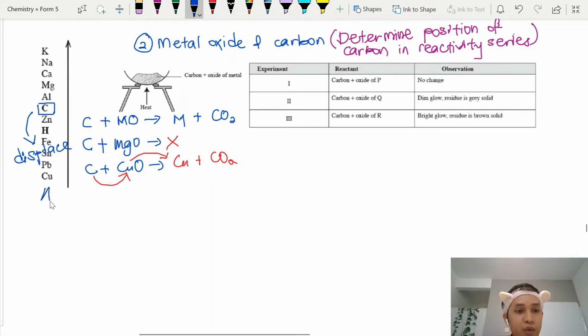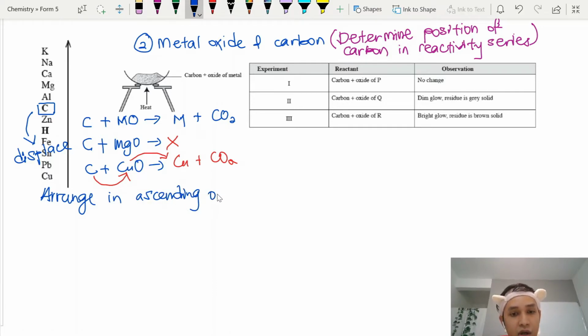If they ask you to arrange in ascending order, meaning from less electropositive to more electropositive, from low to high, we need to identify whether the metals are higher or lower than carbon. We need to know where carbon is.